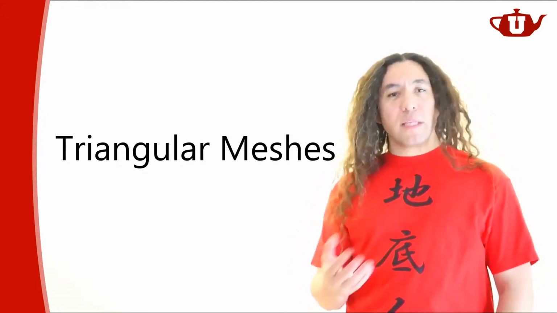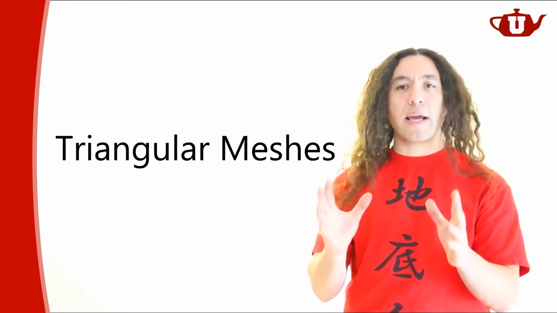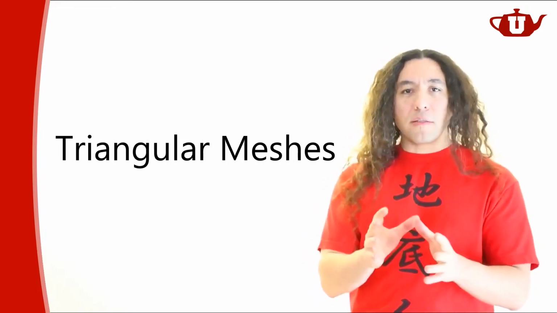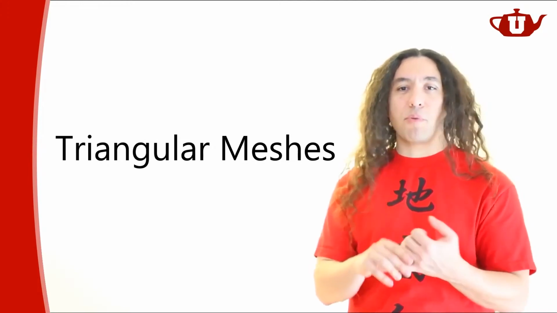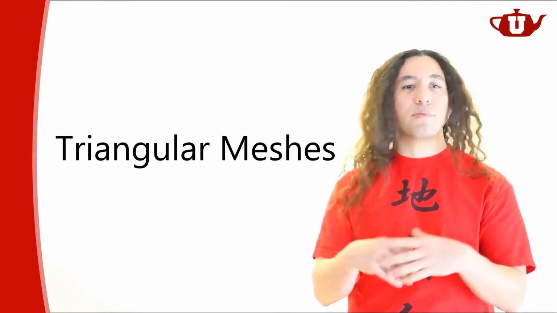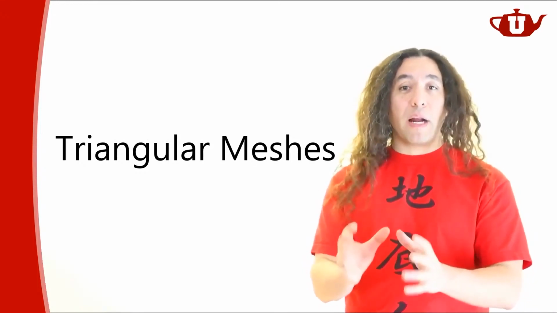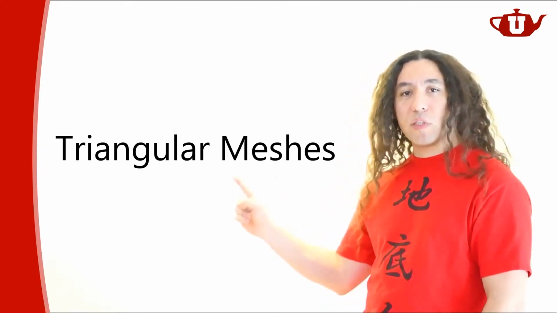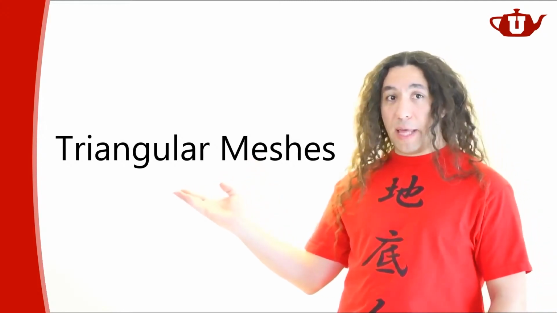But once we're done with modeling, once we've finished our model, whatever it is that I'm trying to model, from that point on, regardless of what type of representation I use, whether a polygonal mesh, NURBS surfaces, or anything else, at the end of the day, once I'm done preparing my model, I typically convert it to a triangular mesh. And there's a very good reason for that.